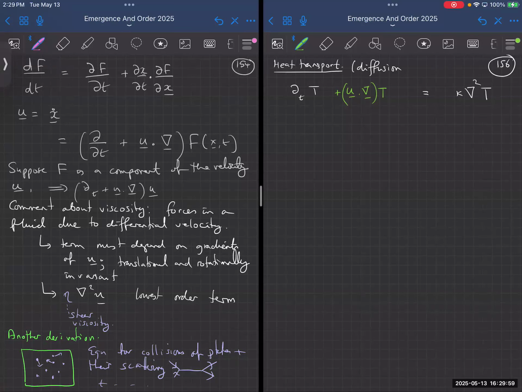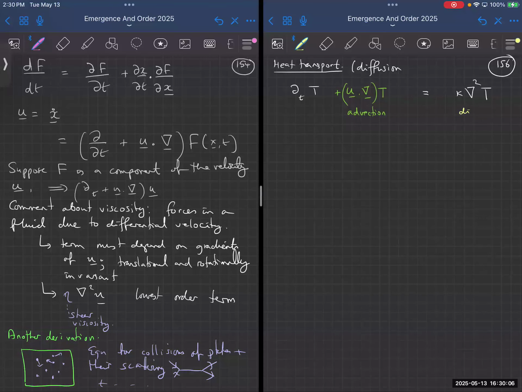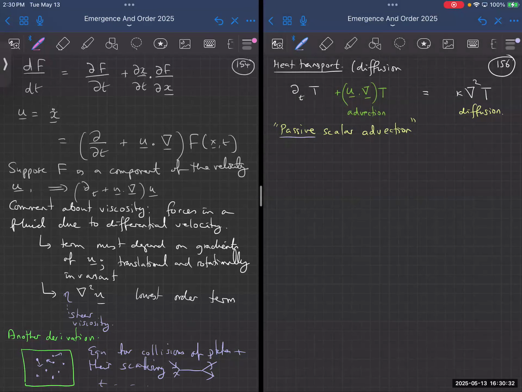So this is advection. And then this one over here is just a diffusion. So this is sometimes called a passive scalar advection. I have a scalar temperature that is advected with a fluid, except it's not really passive, because here's the problem.